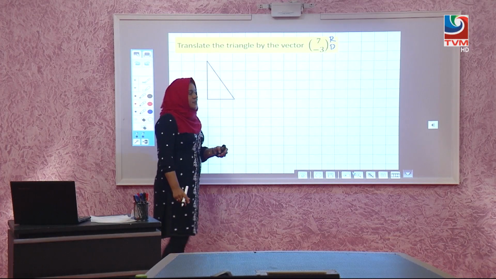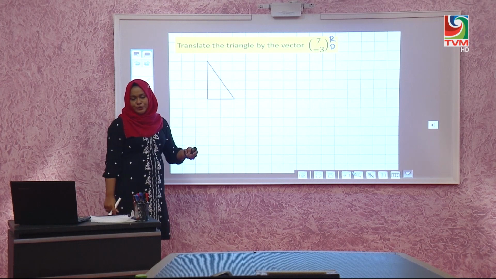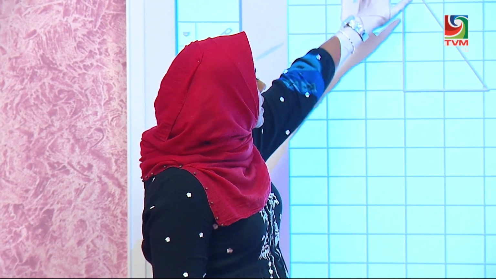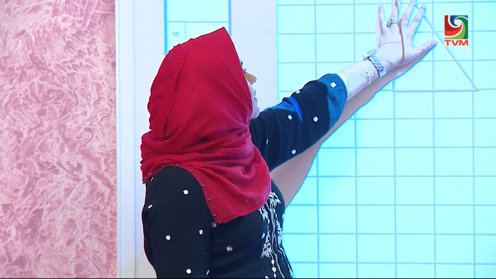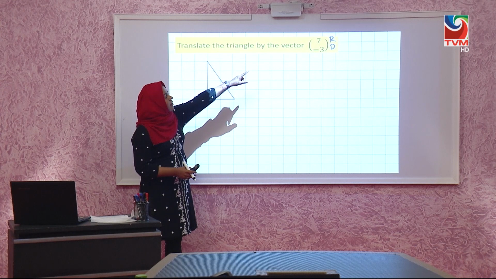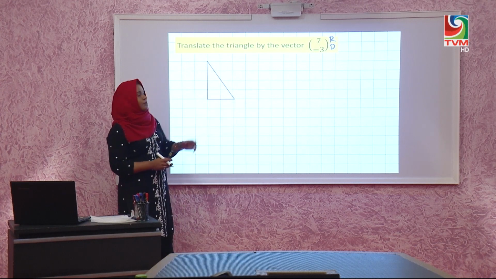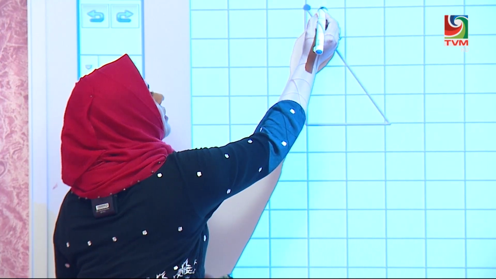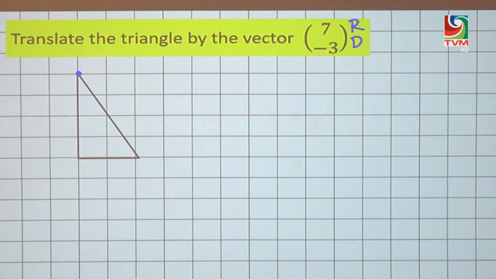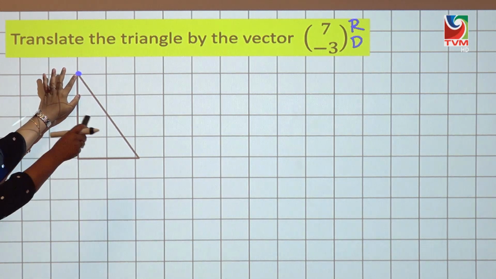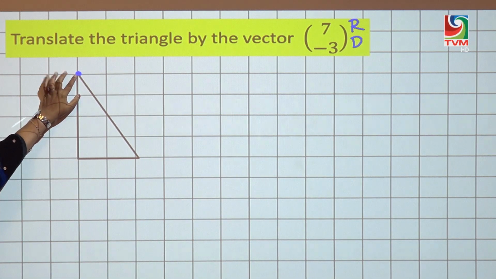So like we have discussed, you can follow any method; you can use the trace in paper method as well. Keep the trace in paper on the object, draw the outline of the shape and move the trace in paper 7 units right and 3 units down. Now what I am going to do here is mark one point on the triangle. Now we are going to move this point 7 units right and 3 units down.